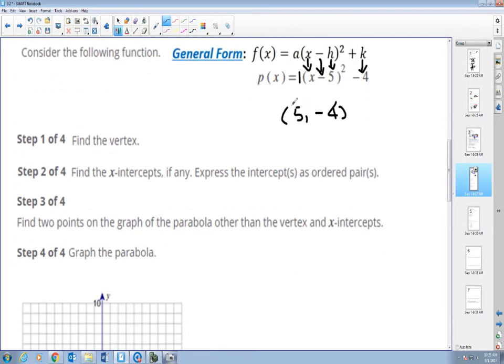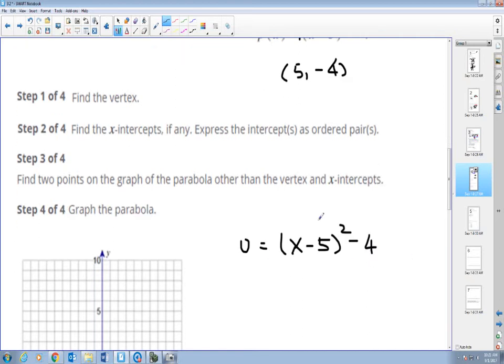Alright, let's find the x-intercept real quick. To find x-intercept, we set our function equal to 0. This is only 2 terms.